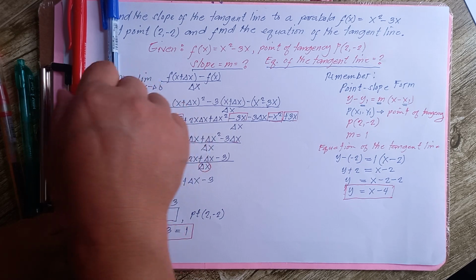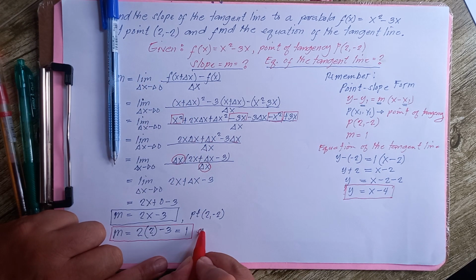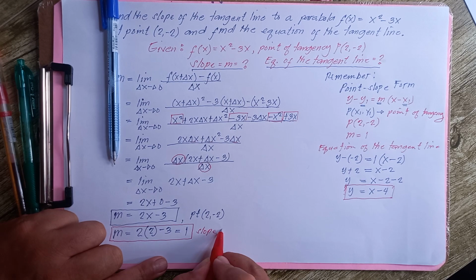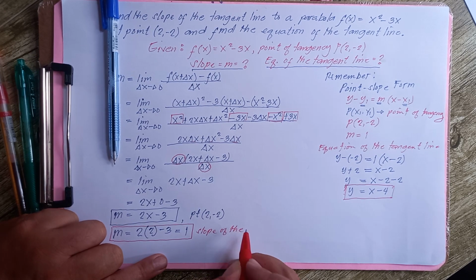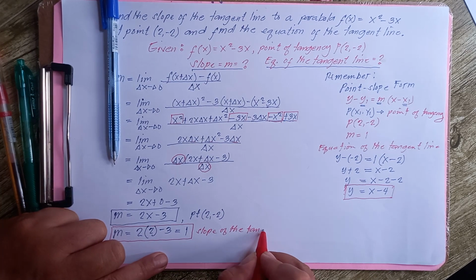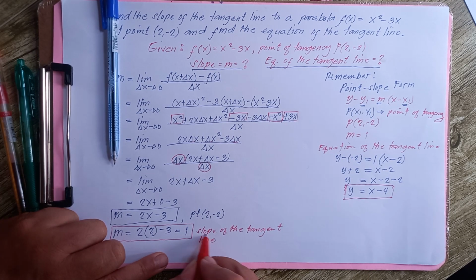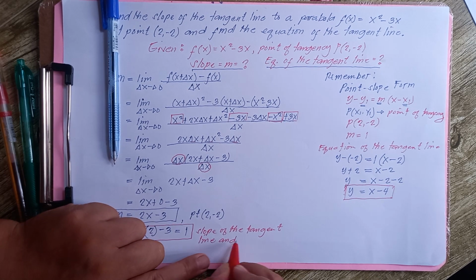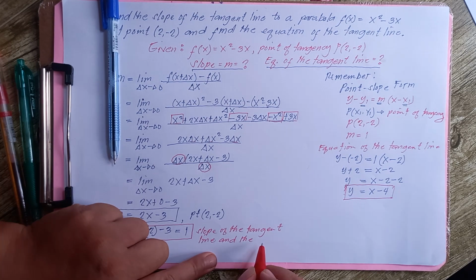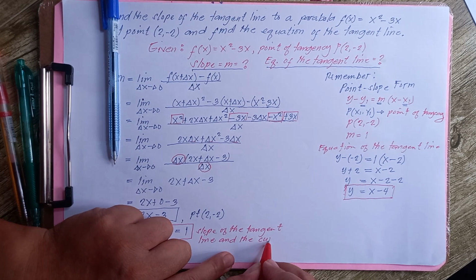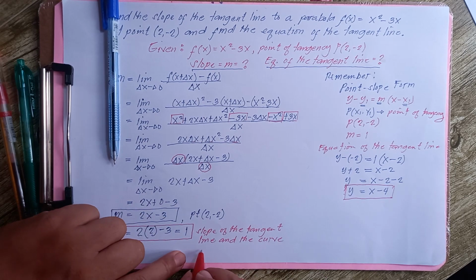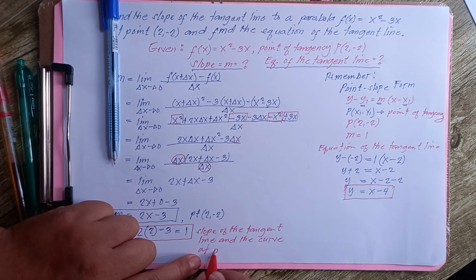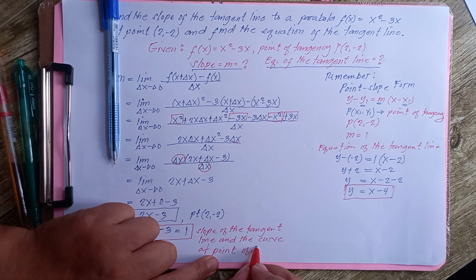This is now the slope of the tangent line, at the same time slope of the curve at the point of tangency.